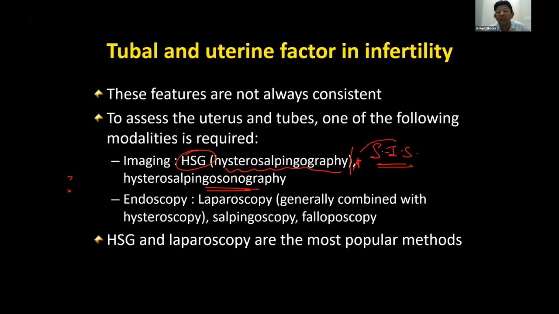Anybody? Saline infusion sonography, also called sonosalpingography. Okay, is it visible to all? I think the annotation, yes. So we push in saline mixed with some air bubbles, and then we do an ultrasonography and see.